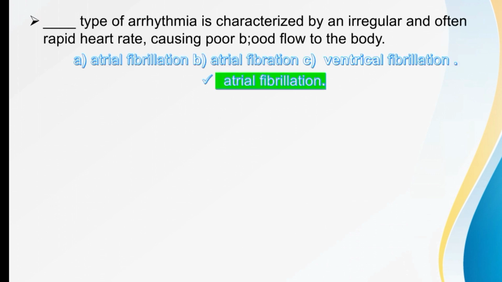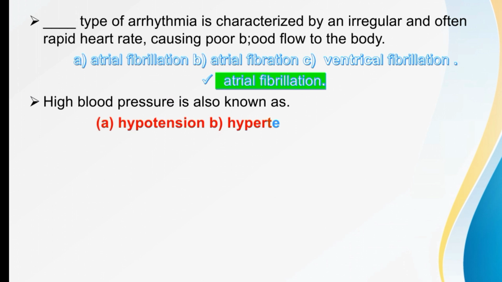Dash type of arrhythmia is characterized by an irregular and often rapid heart rate causing poor blood flow to the body. Atrial fibrillation or ventricular fibrillation. So the right option is A, atrial fibrillation. High blood pressure is also known as dash: hypotension, hypertension, or myocarditis.